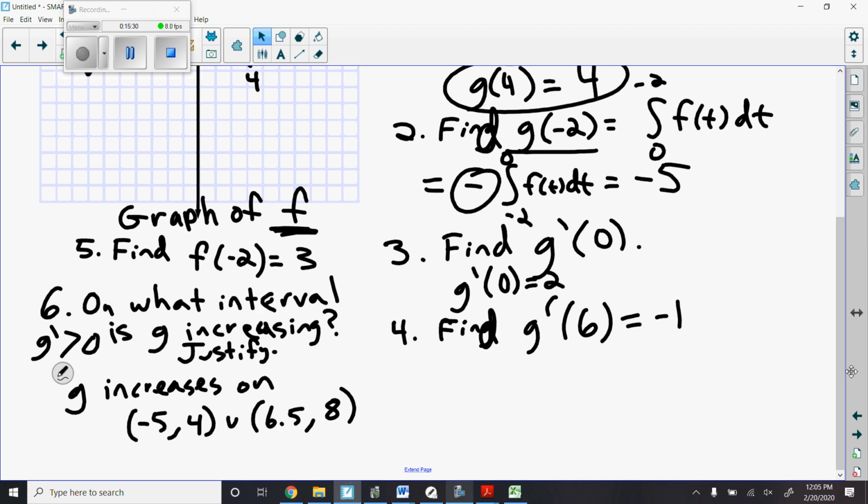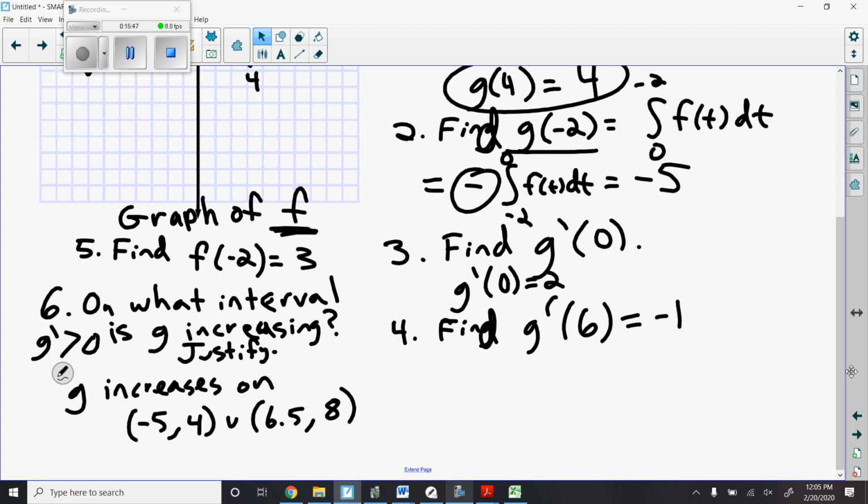Okay, but that's not a good enough answer because we have to justify. We justify with our definitions. Our definition is G increases when G prime is positive. But we need to show that we can make the connection between the graph of F and the graph of G prime.